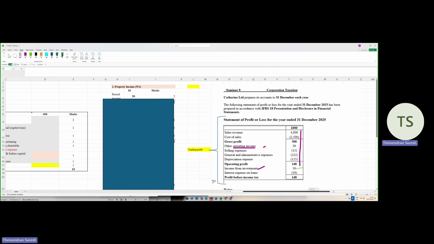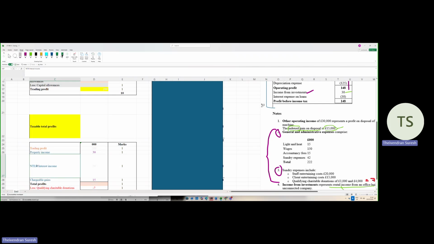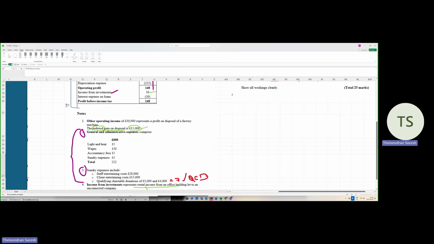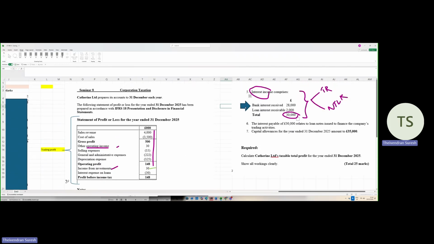If it is non-trade related, that should come under a separate line as interest income from non-trade loan relationship. Here, the loan interest receivable and the bank interest are non-trade relationship, not trade.